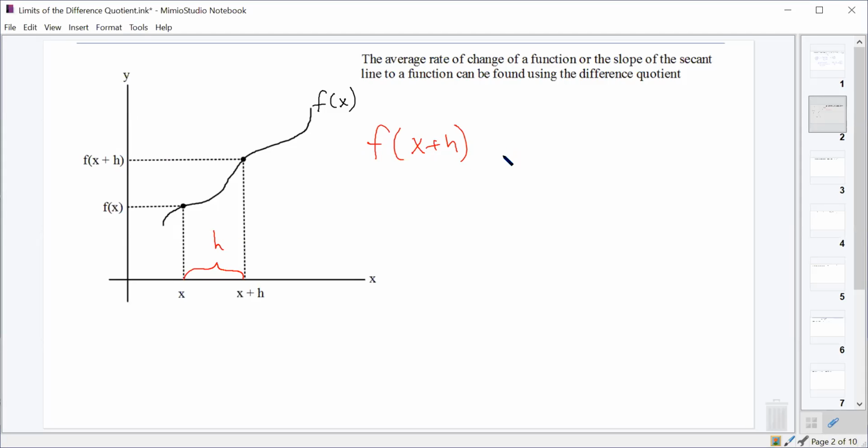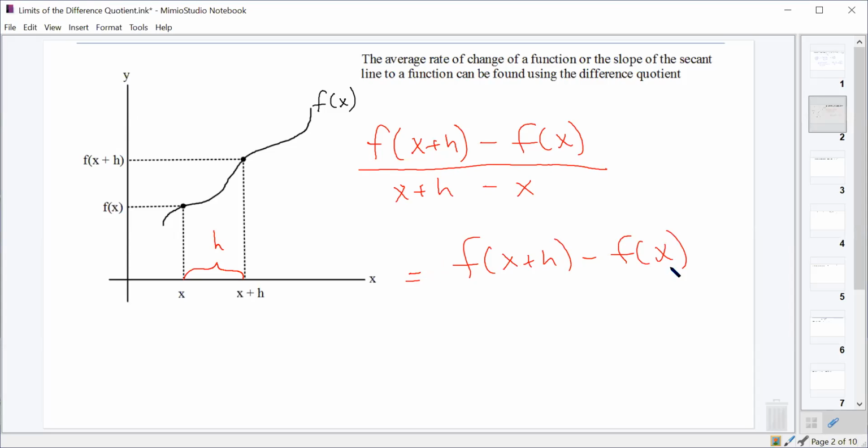F of x plus h minus f of x, wouldn't that be the change in y values? All over the change in x values, which would be x plus h minus x. And with any luck, we could simplify the denominator of that down to give us f of x plus h minus f of x all over h.